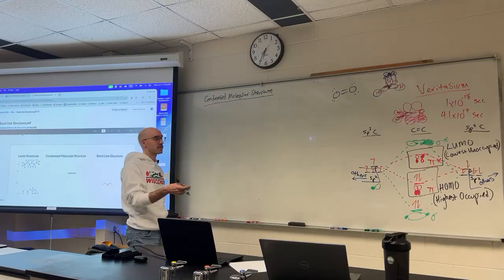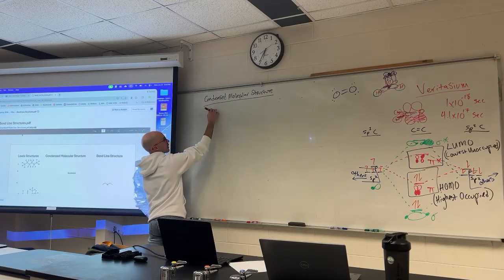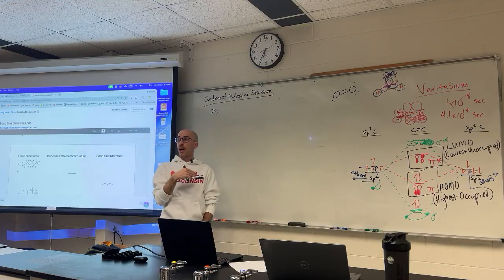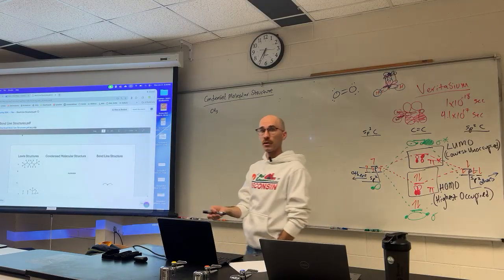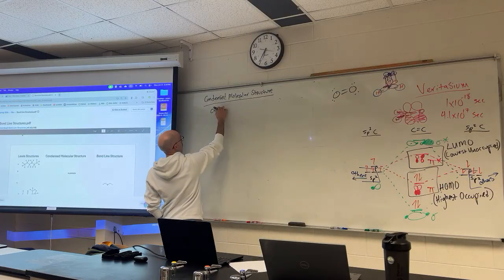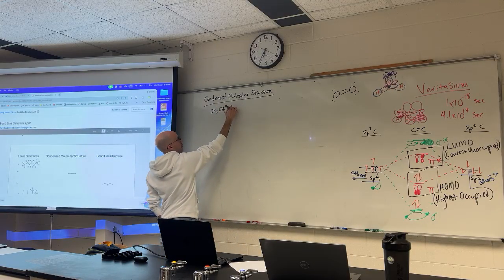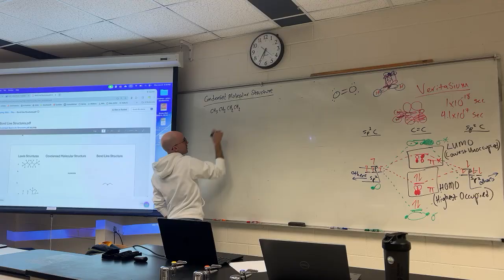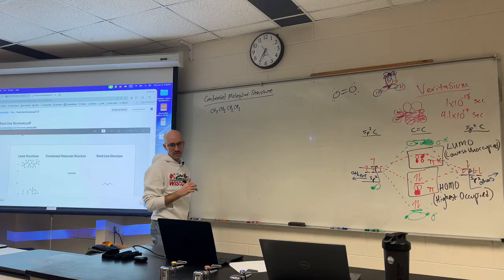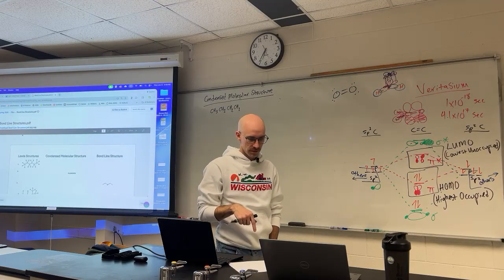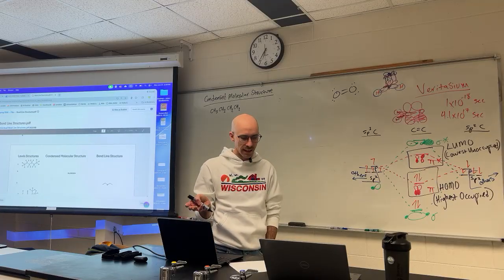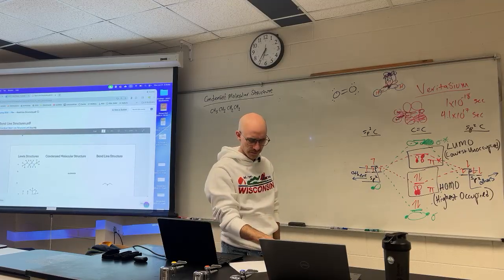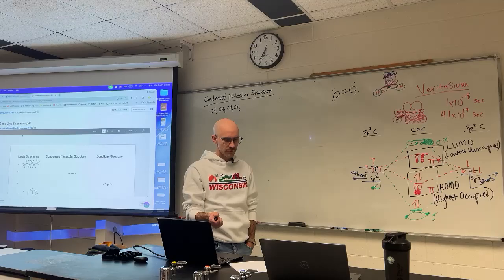The condensed molecular structure says there's a CH3 group on the left. And then after that, there's a carbon with 2 hydrogens, and another CH2, and another CH2. I guess I messed up. That's not hexane, that's pentane. Oh, no, it is.